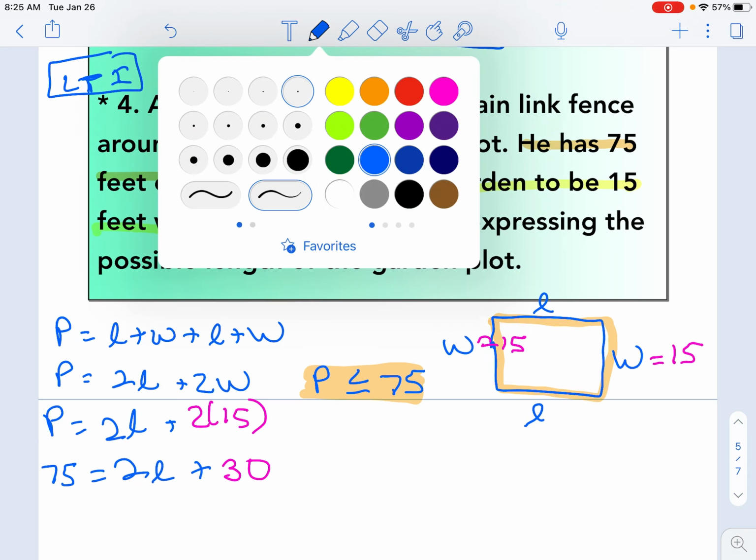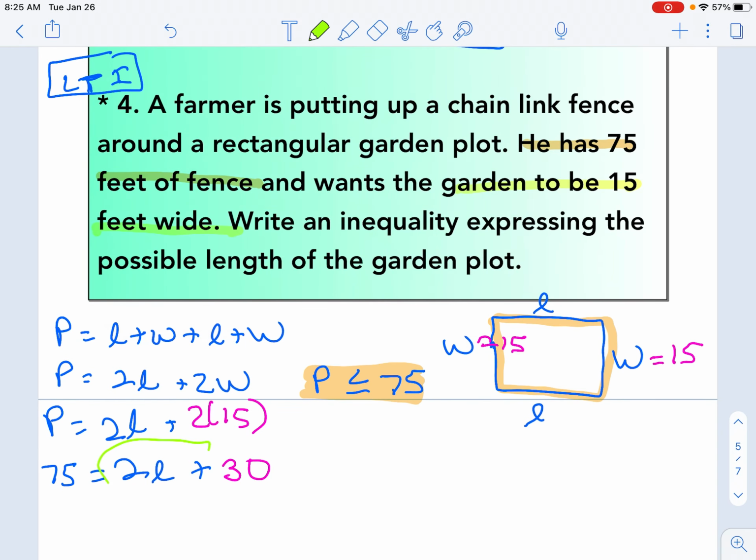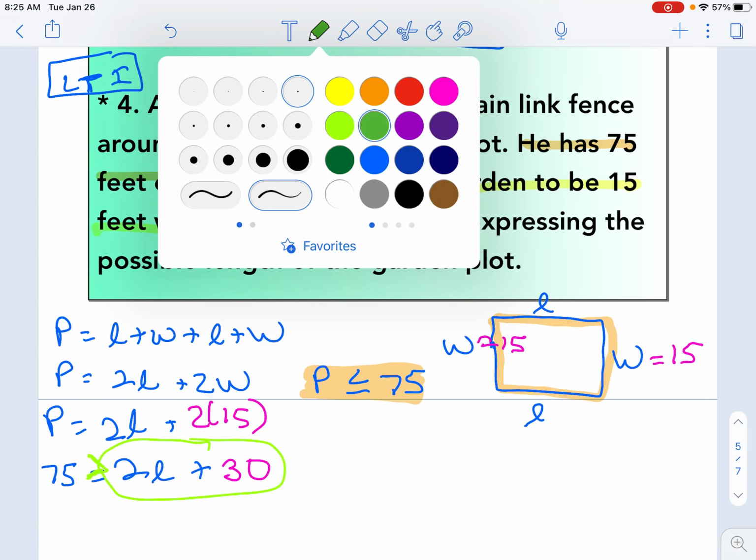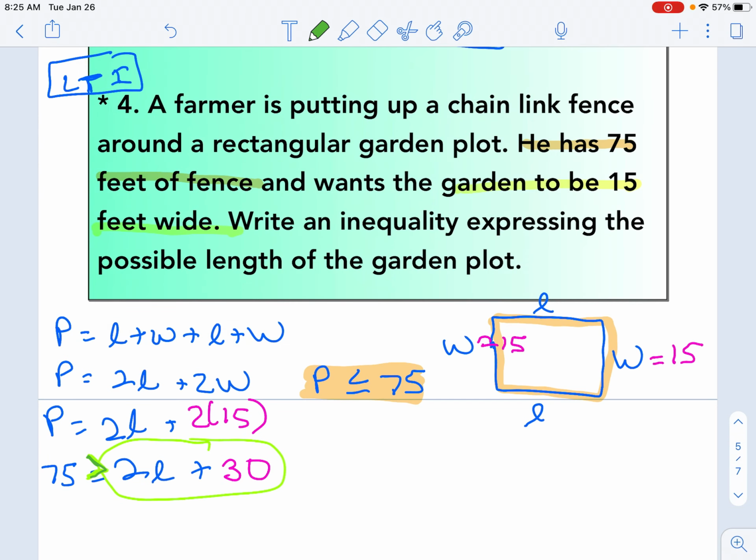So that means that this amount right here has to be less than or equal to 75. So 75 is the greatest it could be. Sometimes that can get a little tricky, but that's what we're looking at. So now all we have to do is solve this.